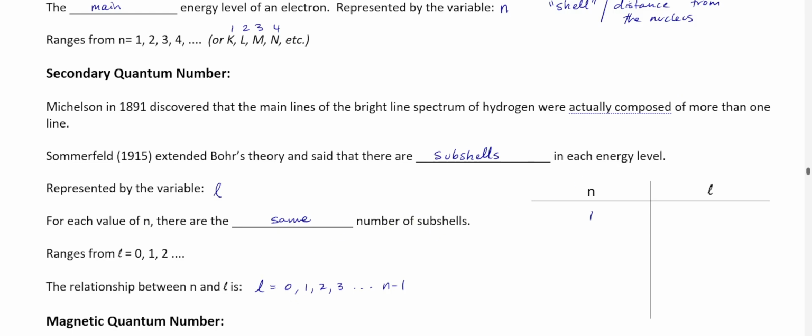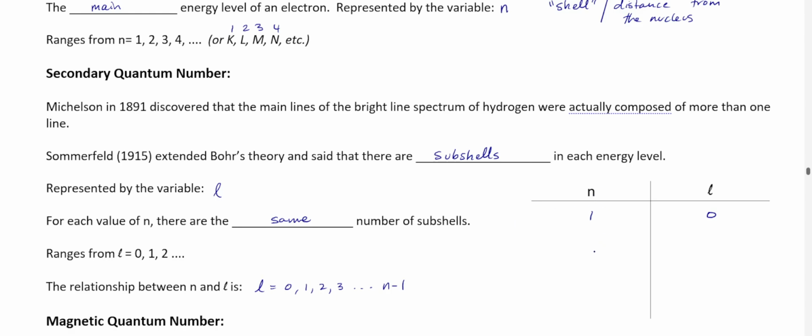I'm going to assign it 0, right? That's the relationship between n and L. L is equal to all the numbers up to n minus 1. So if n is 1, L can only be 0, right? 1 minus 1 gives me 0.